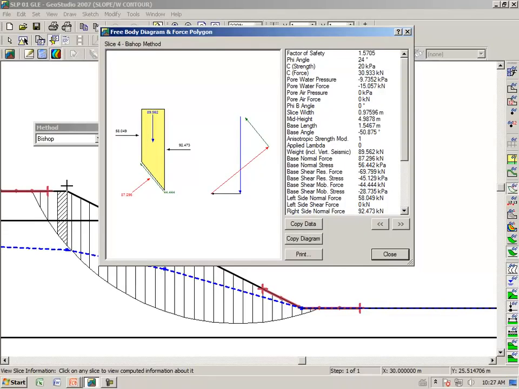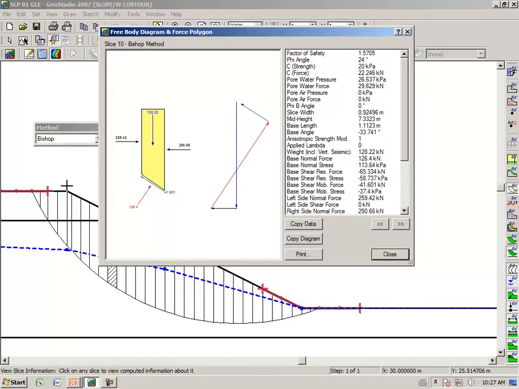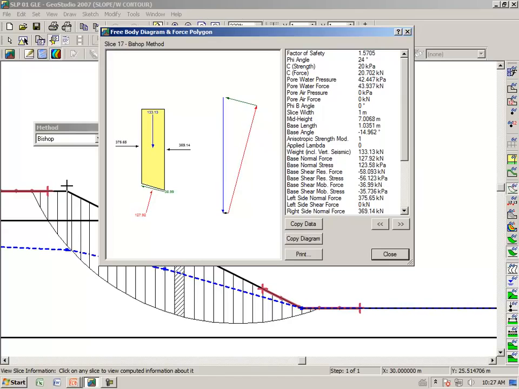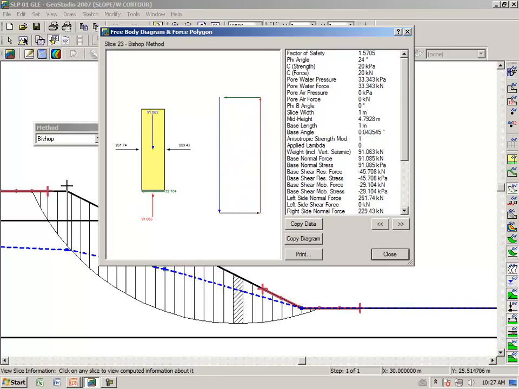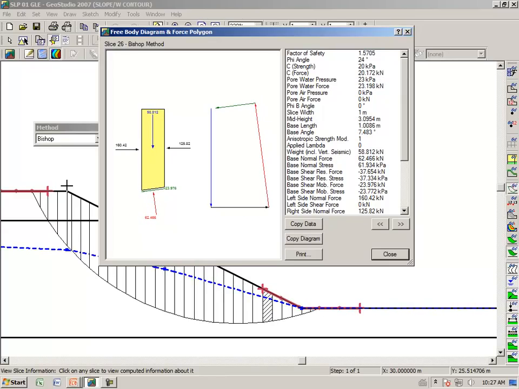Bishop satisfied only overall moment equilibrium, and so consequently this is the Bishop factor of safety. But do notice that we get fairly good force polygon closure. And this is true for almost all of the slices. The force polygon closure for this particular circular slip surface is actually not bad, saying that the forces on the slices are almost in equilibrium.